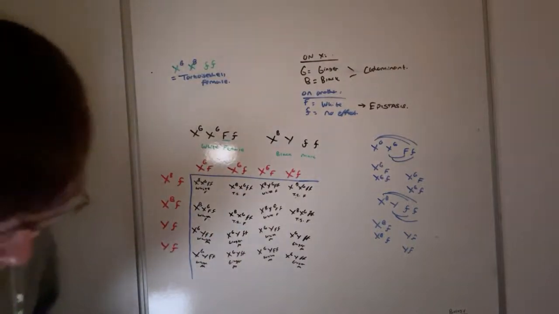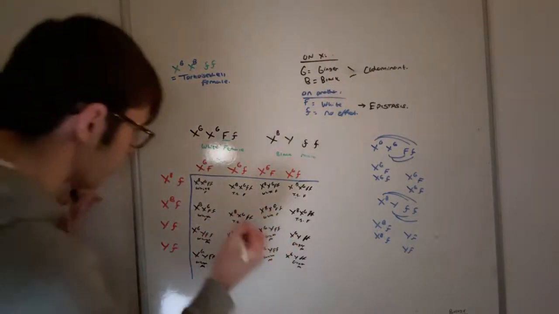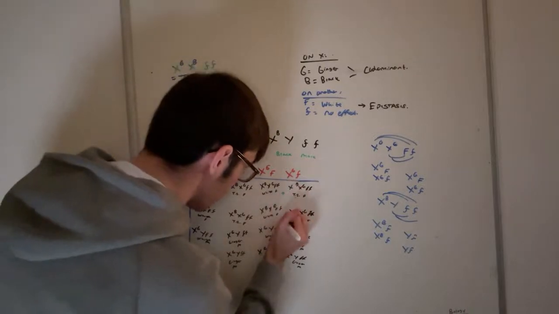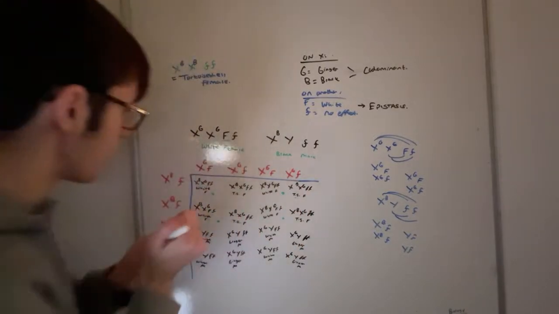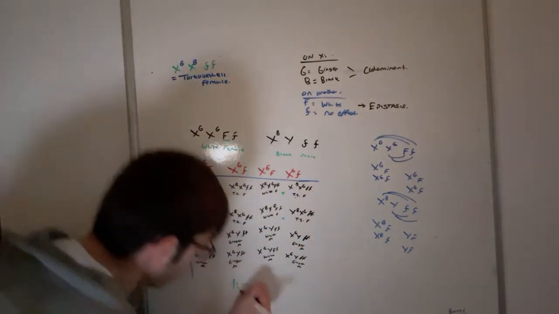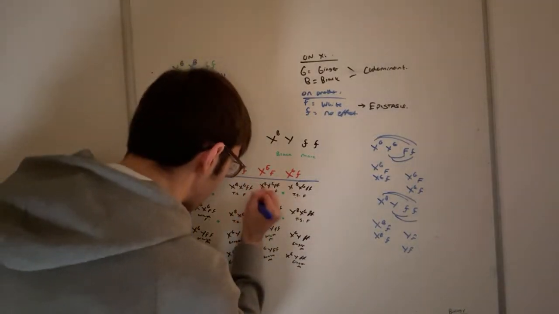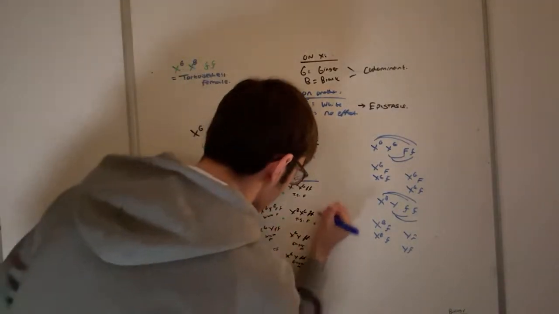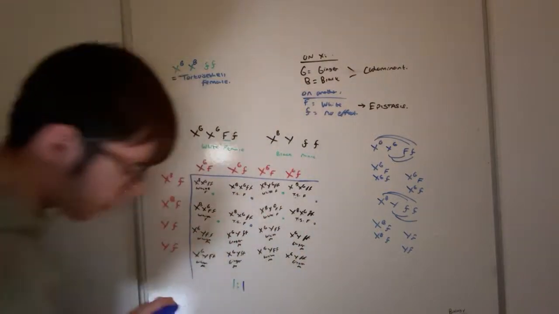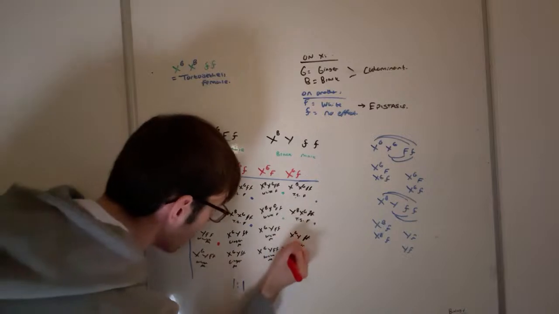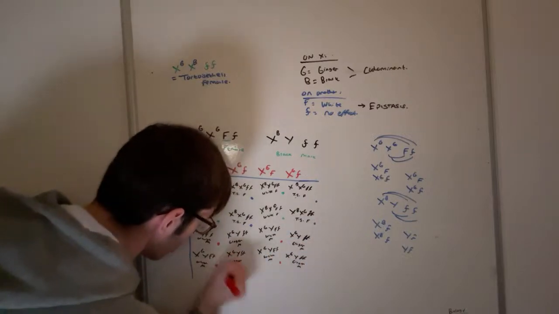Okay, so grand conclusion is white female, white female, white female, white female. That's a 1. Tortoiseshell female, tortoiseshell female. That's a 1. White male, white male, white male, white male.